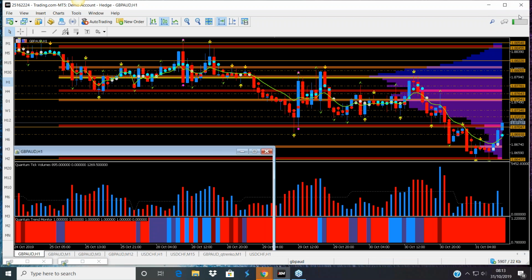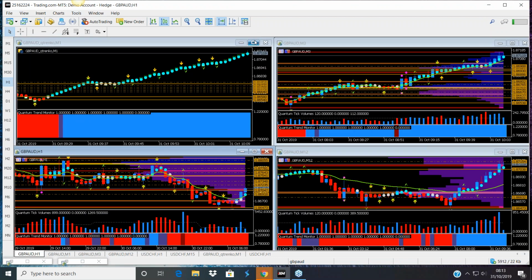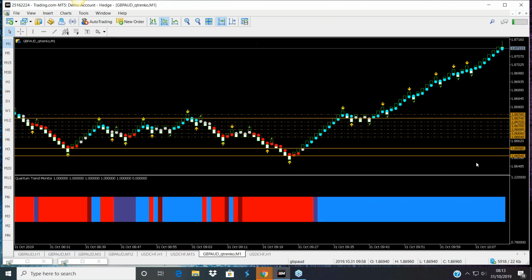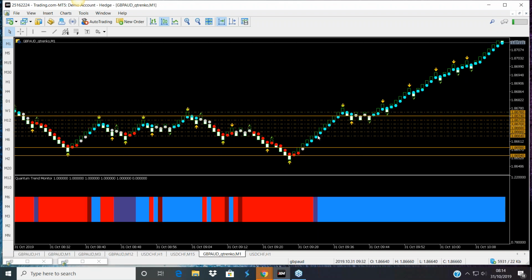Now, going back to the actual entry point, because I'm on these faster time frames, I use the renko chart, and what I like to see is a definitive match of the trend dot and the trend monitor.